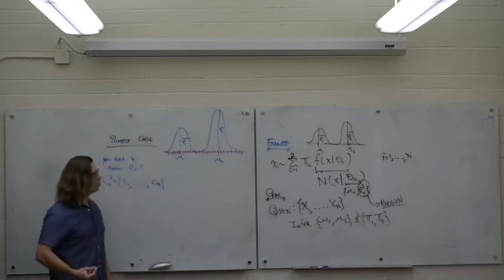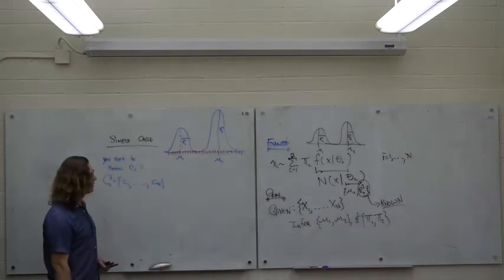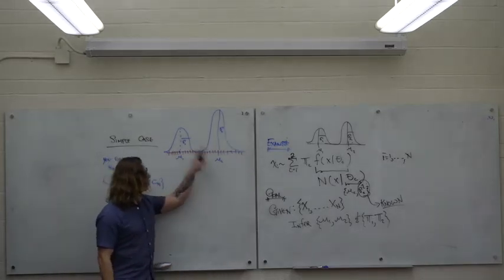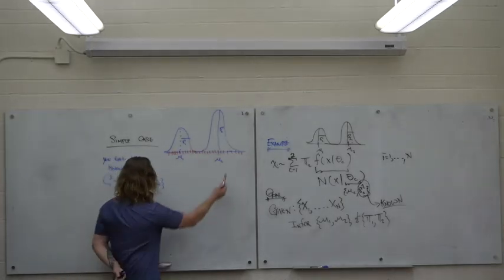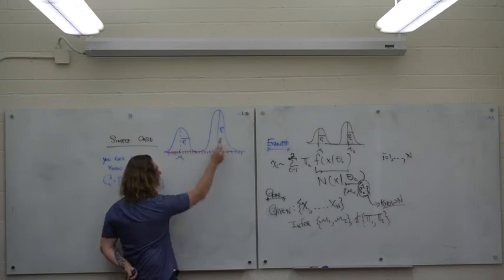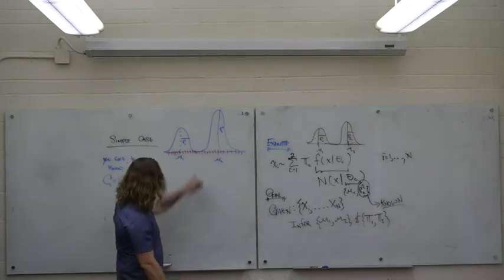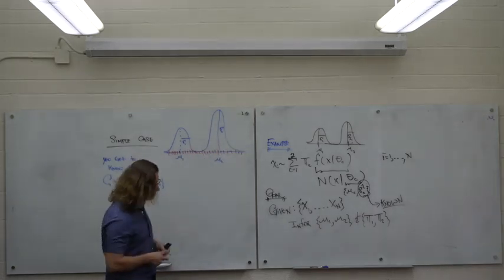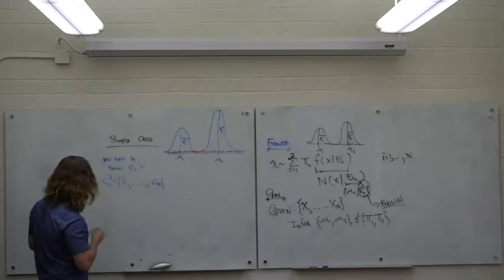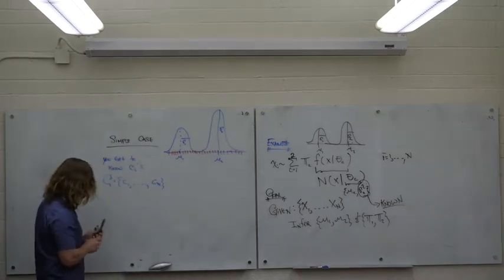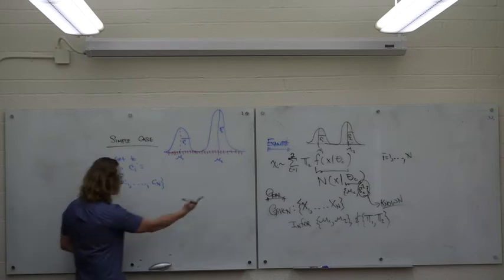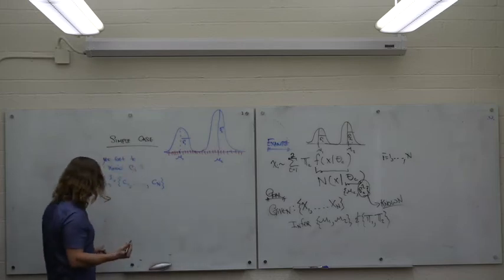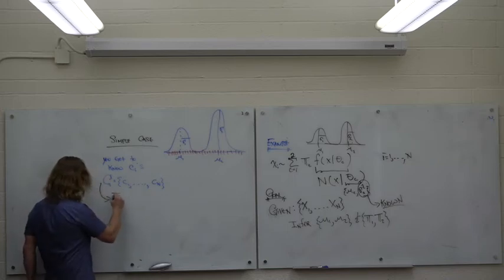And there's very little question, even if I didn't tell you the C's, if I did tell you what the mu's look like, what the distribution looks like, you could probably tell me that data point right there came from component 2. These ones in the middle are a little bit murkier, and we'll touch that in a moment. But say you get to know the C's. What you actually know about the X's is which component everything came from.